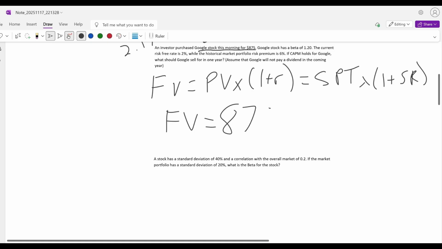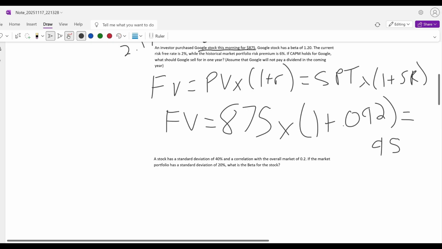So 875 times 1 plus R. Now your R is that 9.2% that we solved for earlier with the CAPM formula. The R, like we solved for, is that CAPM rate. And so 1 plus that 0.092 also gets you to 955.5, which is the final answer either way, but I prefer this method.